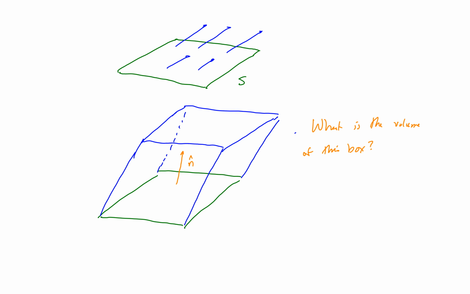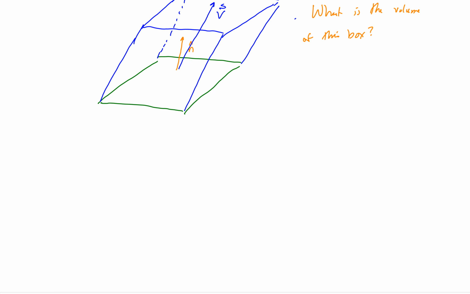In this case, we can think of this blue vector as my vector v, going like this. If we think of what the geometry is giving us here, we have a box that looks something like this.